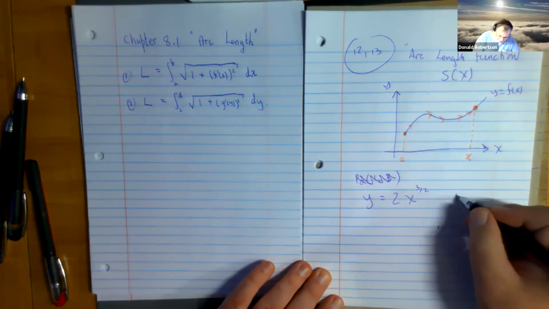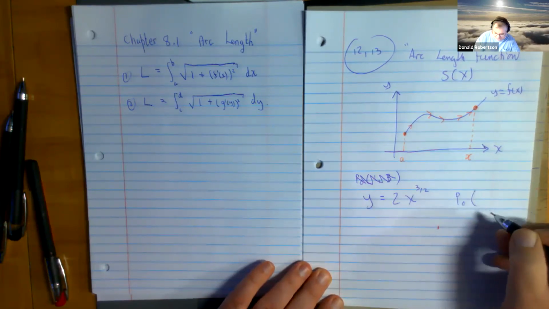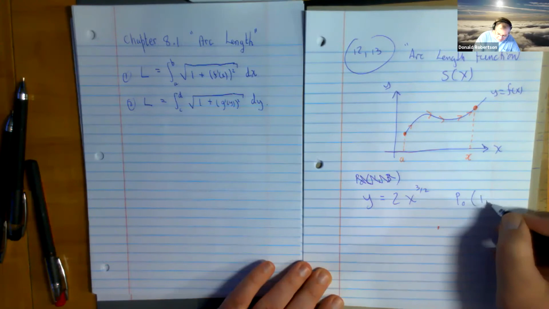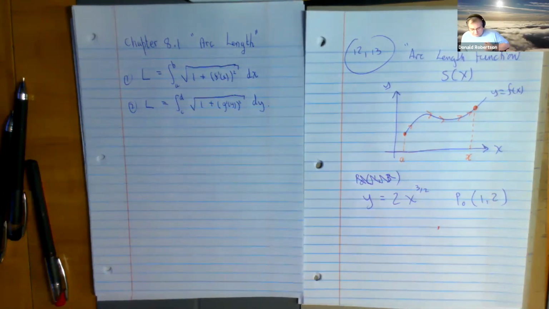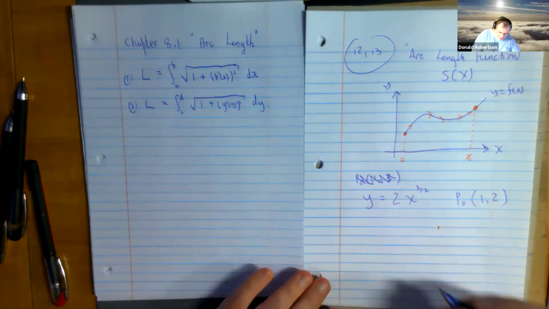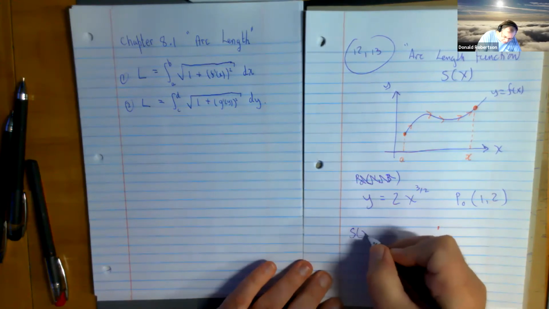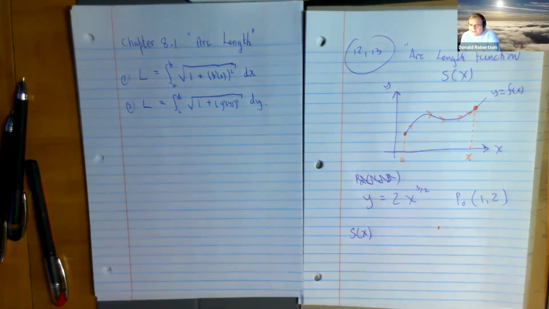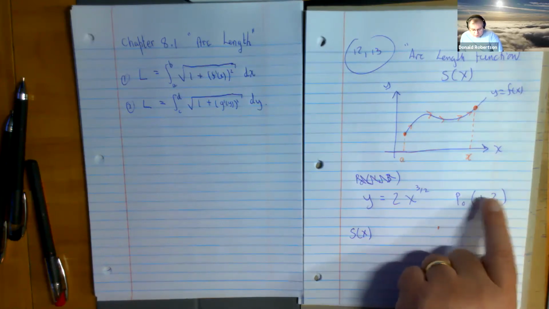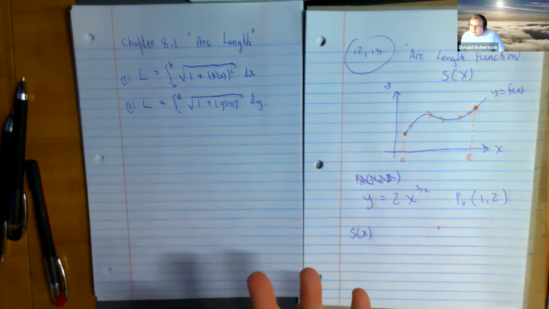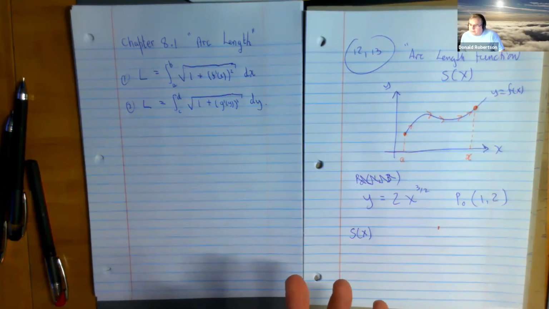So you're going to be given a function, and you're going to be given a point. Let's say that point, and we're being asked to find that guy. Now, if I told you it went from 1, 2 to 4, 5, we could do it.